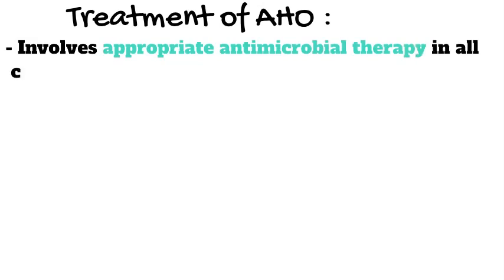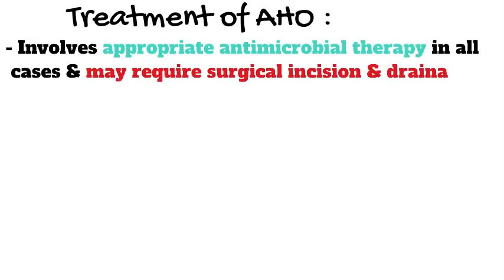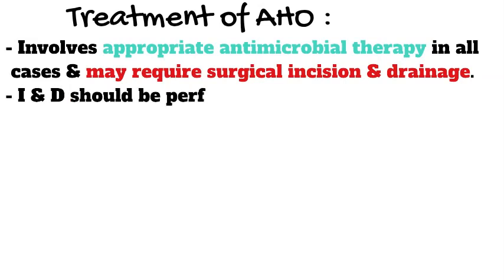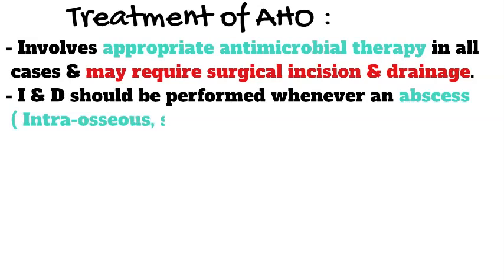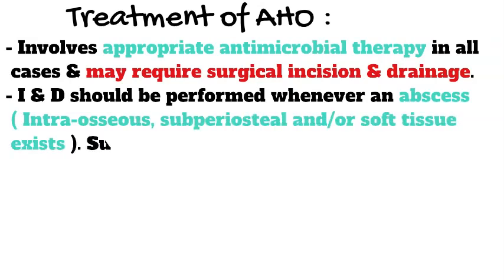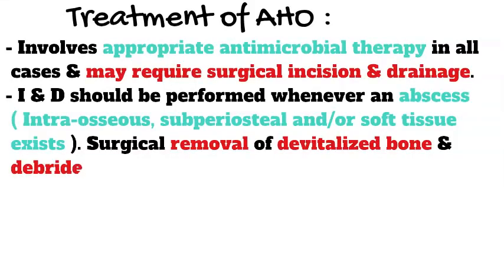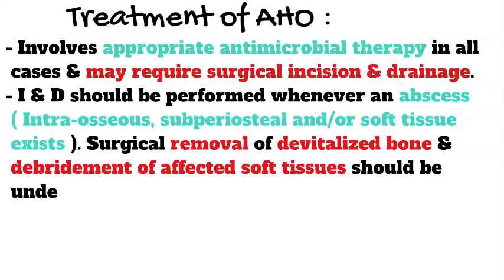The treatment of acute hematogenous osteomyelitis involves appropriate antimicrobial therapy in all cases and may require surgical incision and drainage. I&D should be performed whenever an abscess exists, whether intraosseous, subperiosteal, and/or soft tissue.